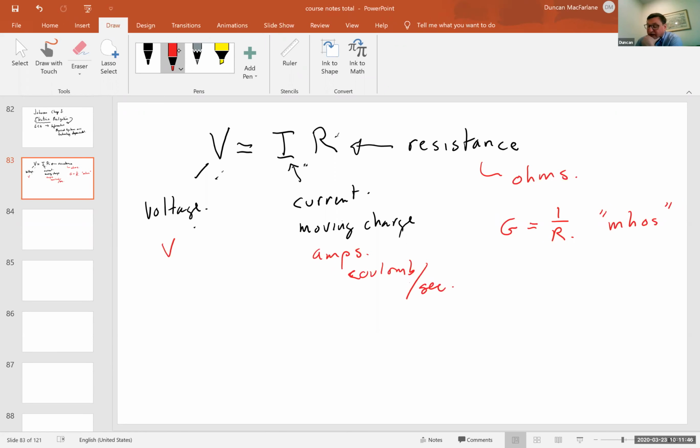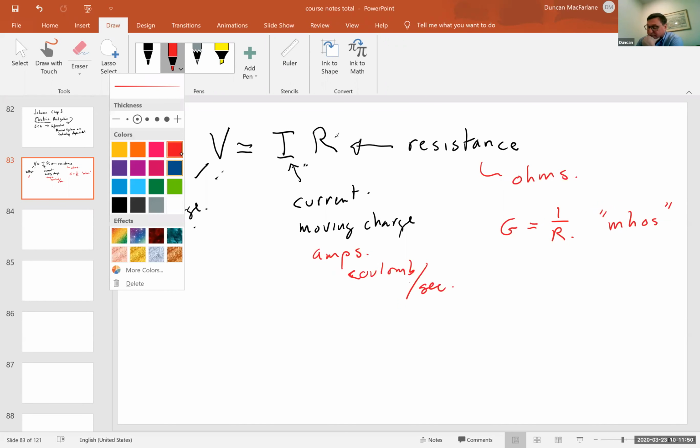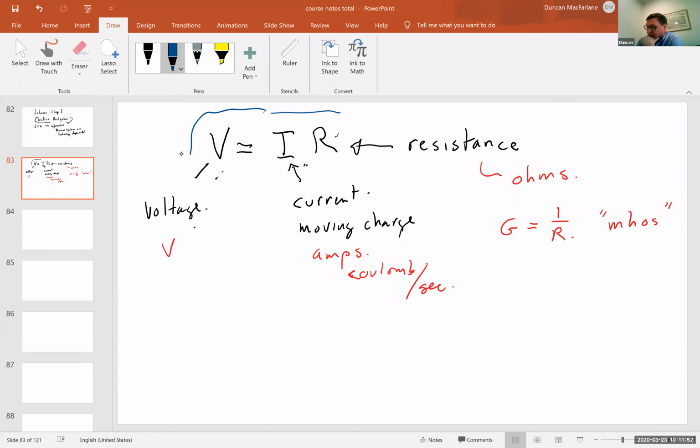So what we need to be thinking about in this lecture and the next couple to follow is this V equals IR. But I'm going to generalize this concept of resistance right away. I'm going to say that this V equals IR works for other elements as well.